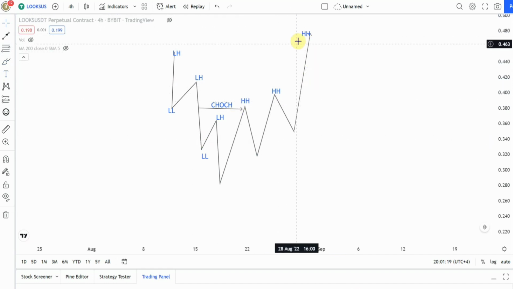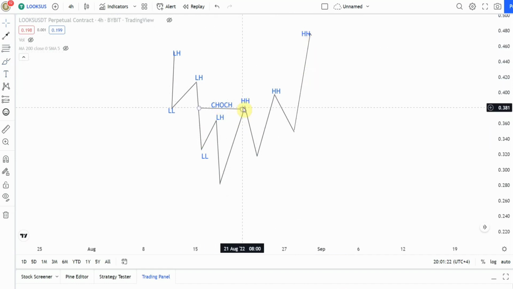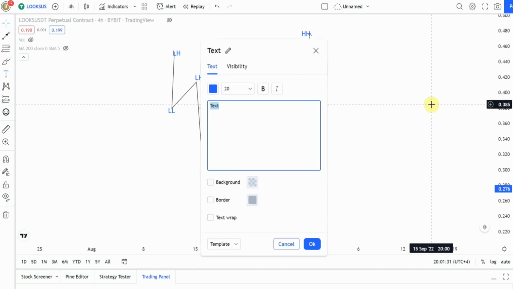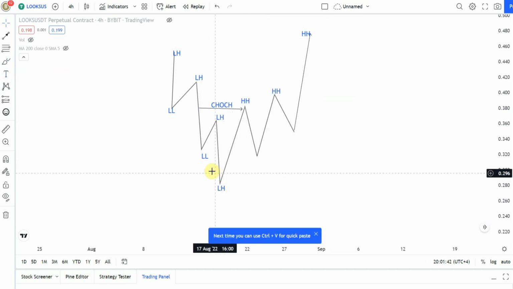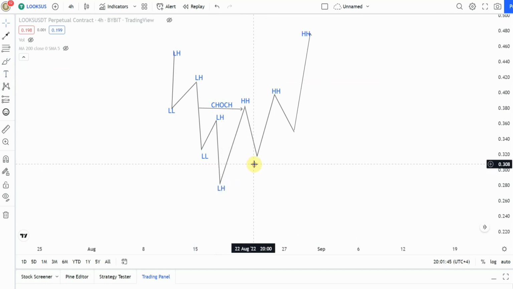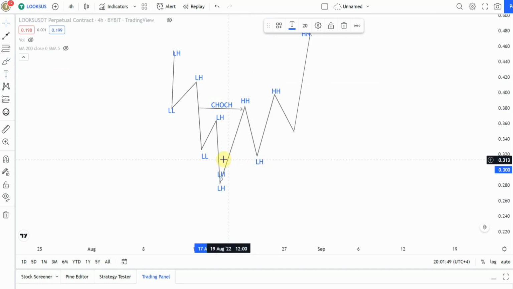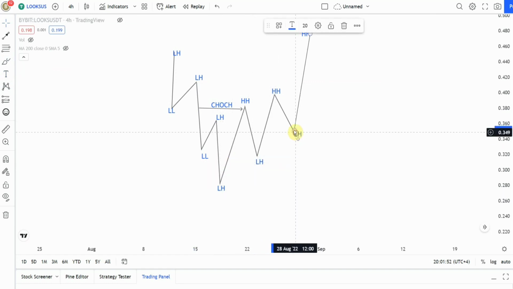So if we have CHoCH, this is change of character, and the market started going higher high, and below here we'll have higher low, lower high, LH. Now this place is lower high, and we have another one here, lower high, and another one here, lower high.